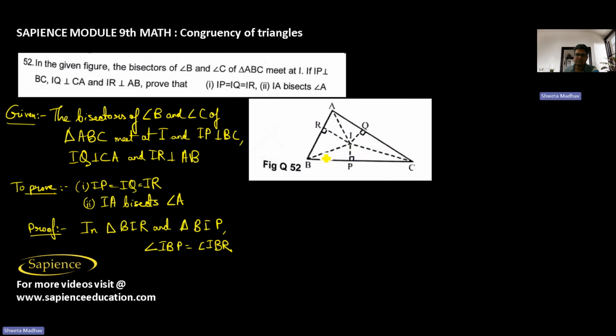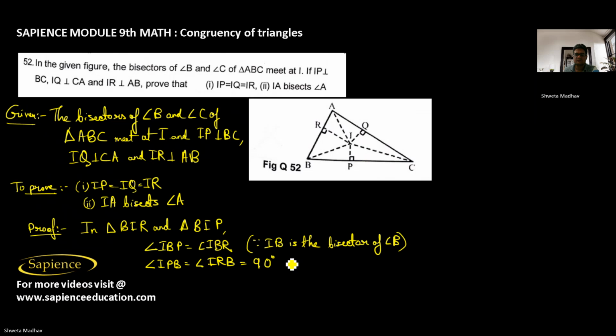The reason is that it is given that IB is the bisector of angle B. And angle IPB is equal to angle IRB, which is equal to 90 degrees.